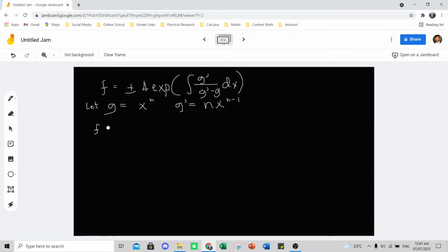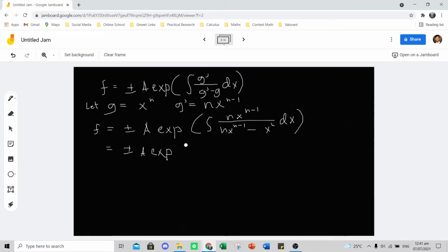So you get that f is equal to plus or minus a exp of the integral of n times x raised to n minus 1 over nx raised to n minus 1 minus x raised to n dx. And we see that the integral inside is the integrand.